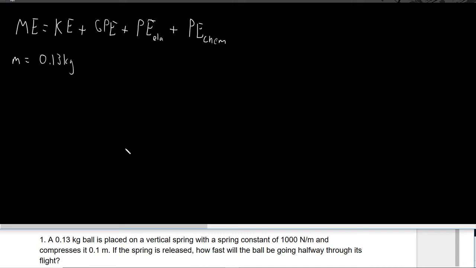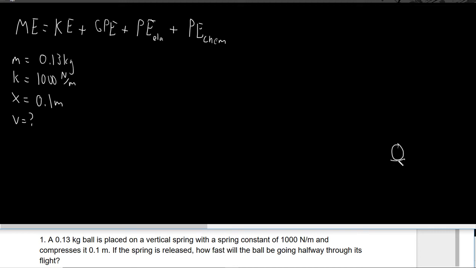It's placed on a vertical spring with a spring constant, that'd be k, of 1,000 newtons per meter, and compresses it 0.1 meters. So I have an x, 0.1 meters. They want to know how fast the ball would be going, so I'm looking for a velocity halfway through its flight.